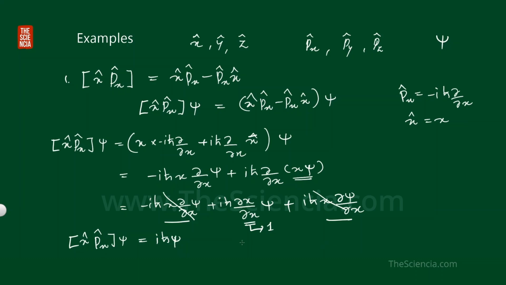That means the commutator x cap px cap is equal to i h cross. So we got the value of the commutator x cap px cap, equal to i h cross.